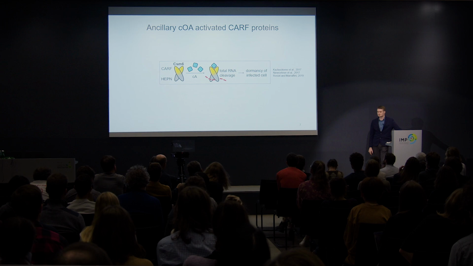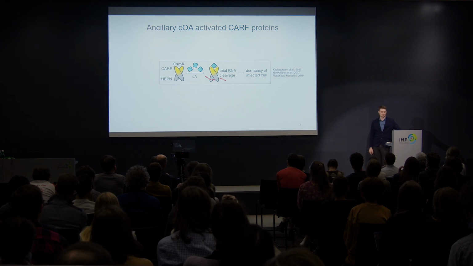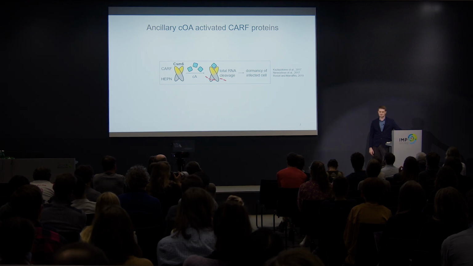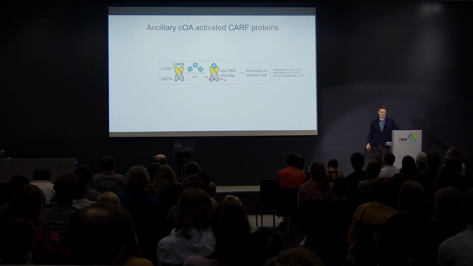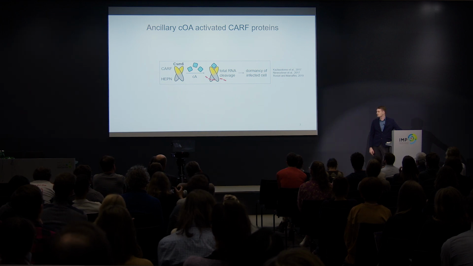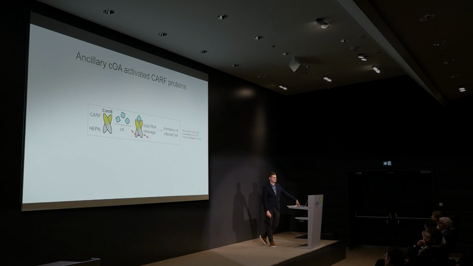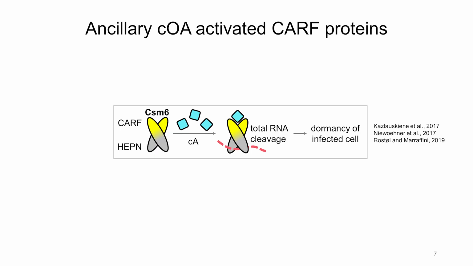So most of these associated proteins have a CARF domain, which is required for binding these cyclic oligoadenylates. The first protein described that is regulated in this fashion is called CSM6. And once it binds the cyclic oligoadenylates, it shreds the total RNA in the cell. So this causes dormancy of the cell, but it allows the population to survive the infection.